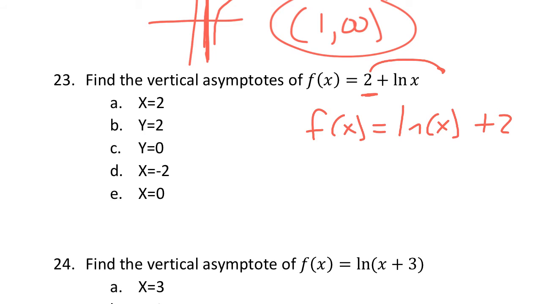So a vertical asymptote is what all logarithms have. You move a vertical line left and right, and left and right happens inside parentheses. What's in there? Nothing. So the vertical asymptote is at 0. What is a vertical line? x equals 0 is a vertical line.